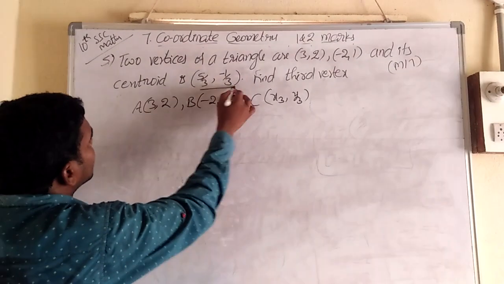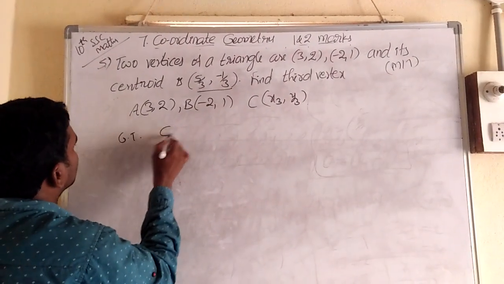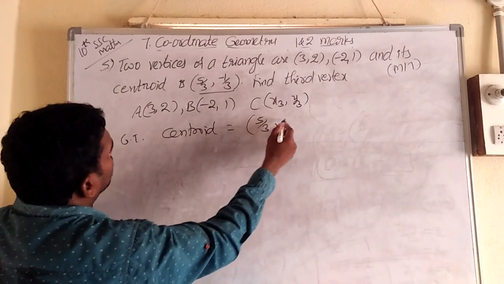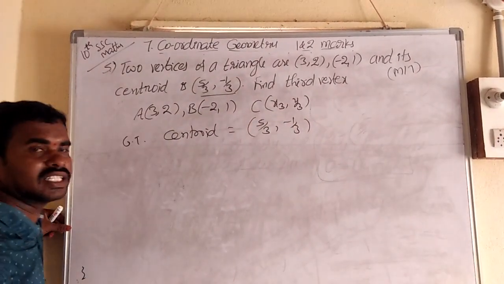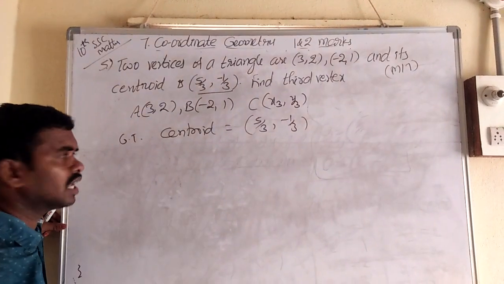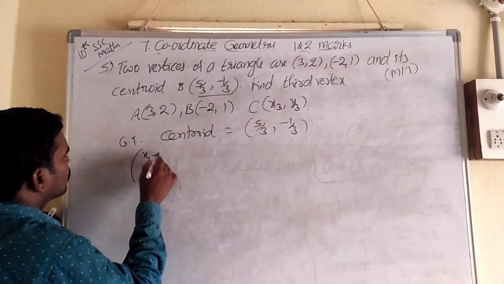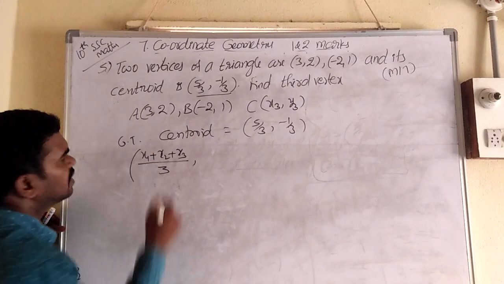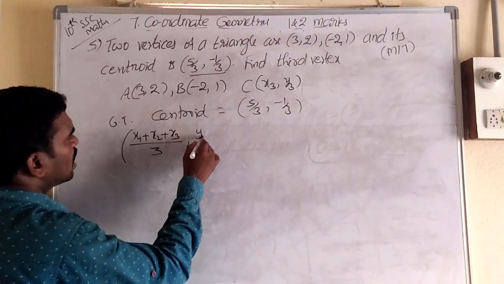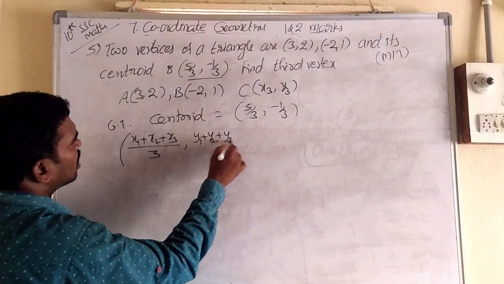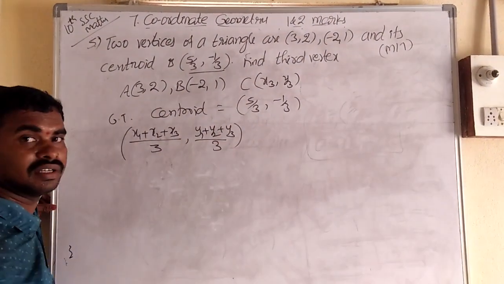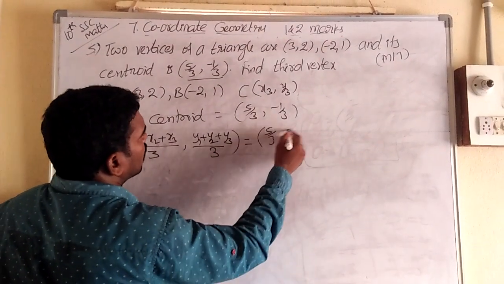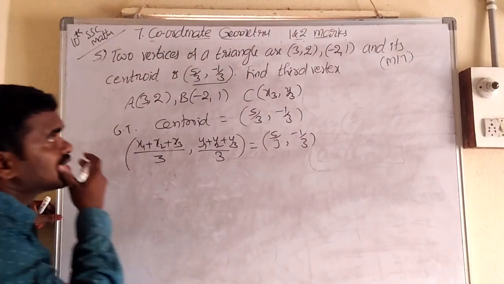Given that the centroid is (5/3, -1/3). What is the centroid formula generally? If 3 points are given, the centroid formula is ((x1 + x2 + x3)/3, (y1 + y2 + y3)/3), equal to (5/3, -1/3).